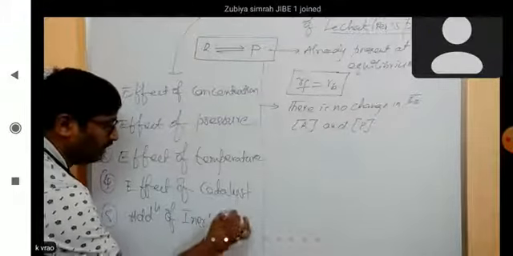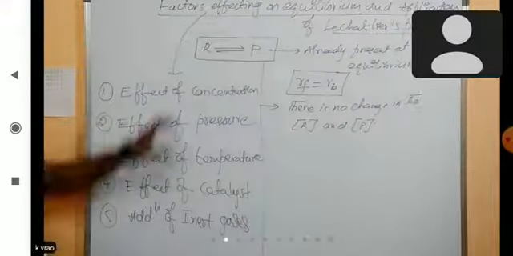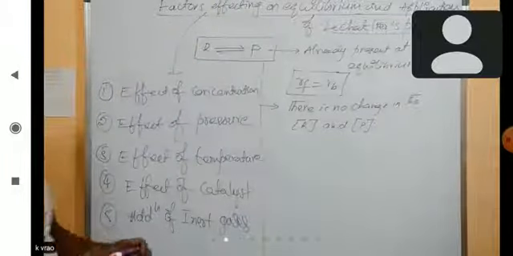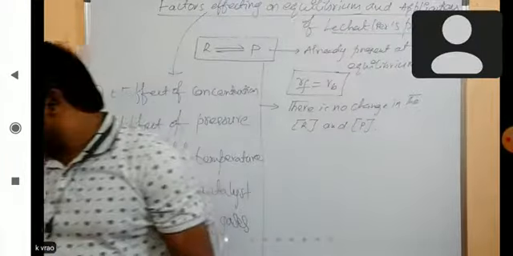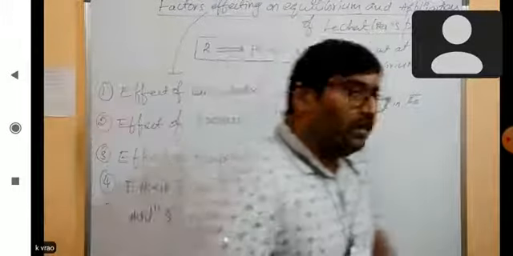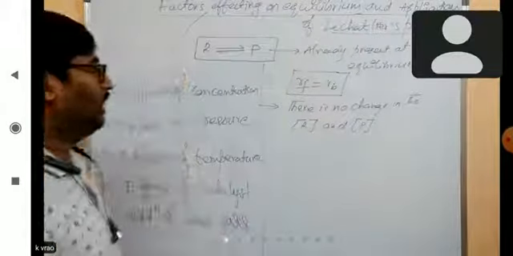When we alter these conditions on the equilibrium reaction, the equilibrium will get disturbed, and the disturbance is nullified by the shifting of the reaction either in a forward direction or a backward direction.